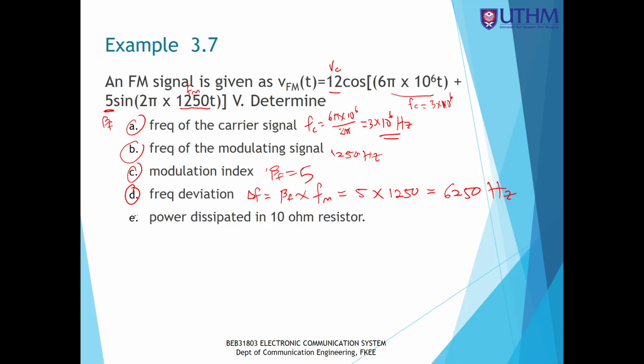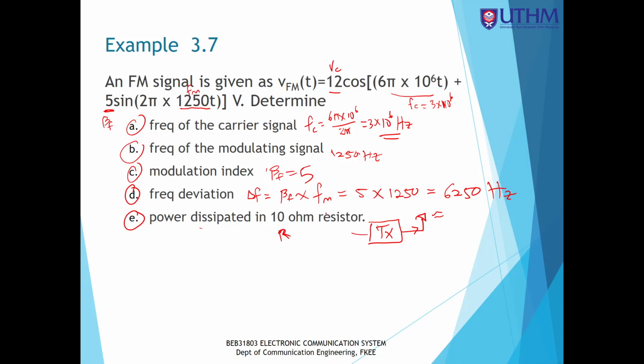And then what? Power dissipated in 10 ohm resistor. So now you are given R. Find the total power. Okay, power dissipated. So this resistance, where is this actually? If you draw the transmitter, okay, this is the transmitter, and we supply the current towards the antenna, so that the antenna will radiate the given input.